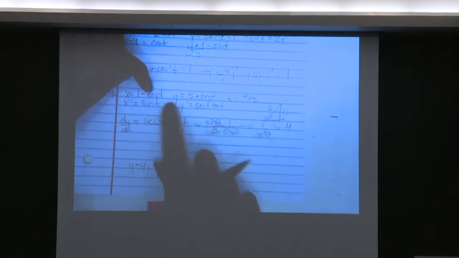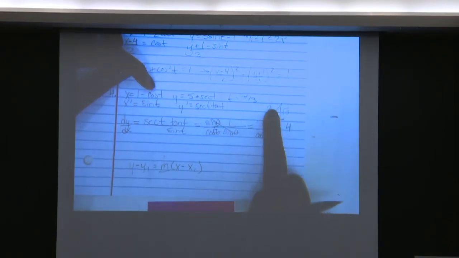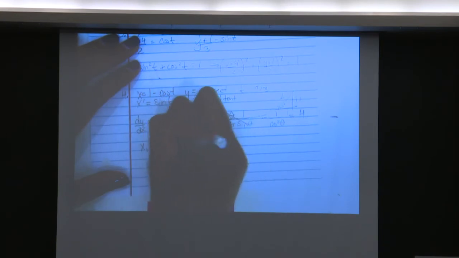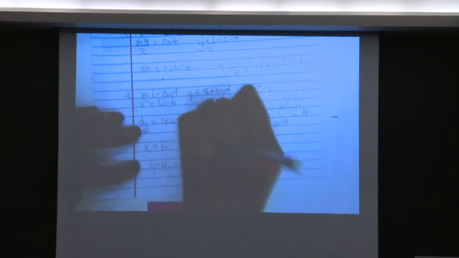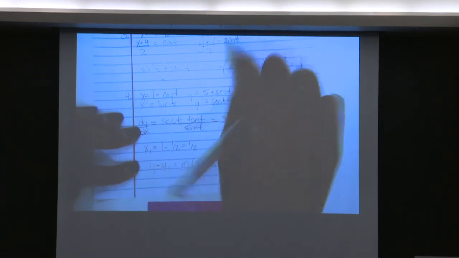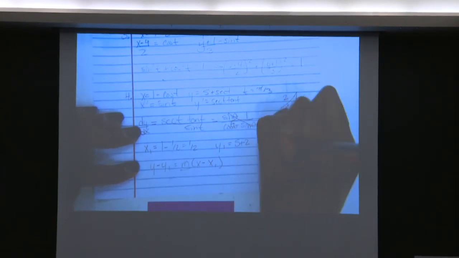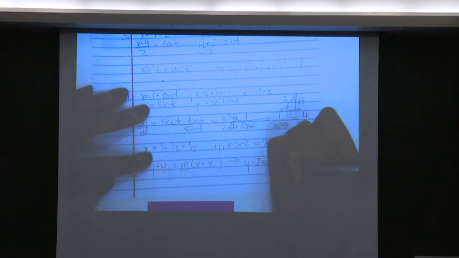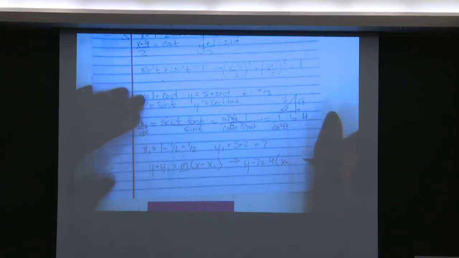I know my cosine pi over 3 is 1/2, so my x1 equals 1/2. My y1 equals 1 over 1/2, which is 2. 5 plus 2 equals 7. So then I get y minus 7 equals 4 times x minus 1/2.